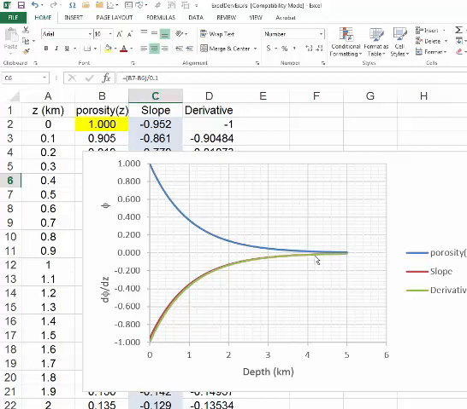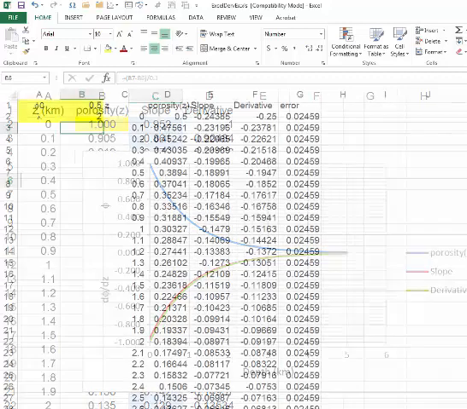So this plot here is informative in that sense, and then also in the sense that even for calculation at intervals of 0.1 kilometers or 100 meters, we do a pretty good job.